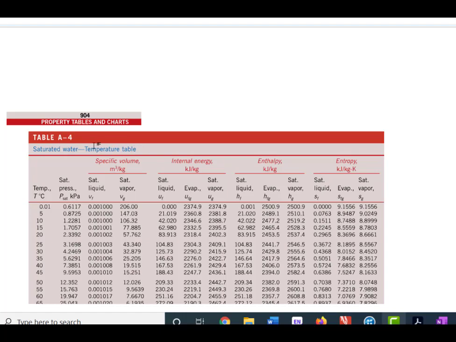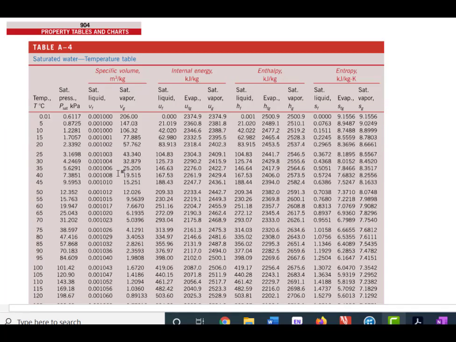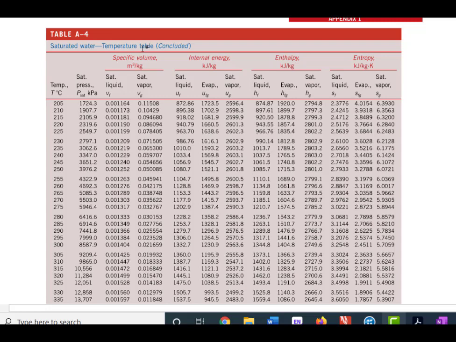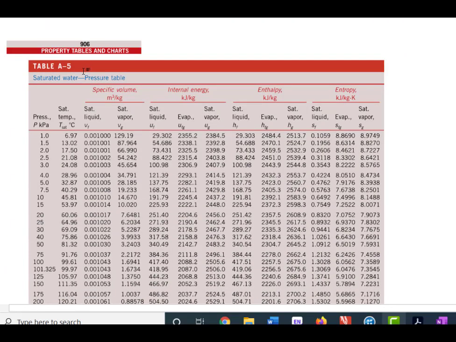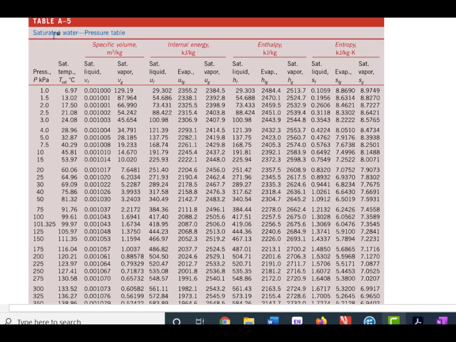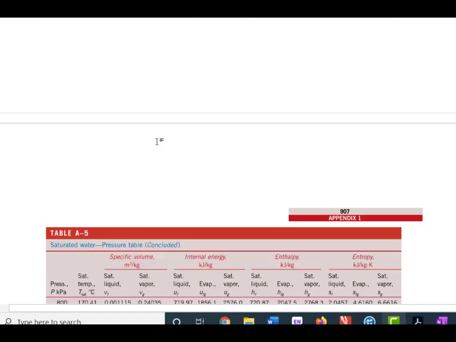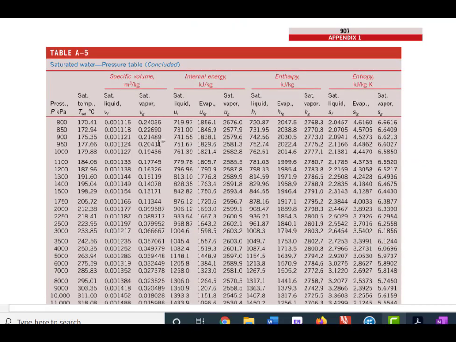If you notice here, we have different tables. Table A4, again another table which is also table A4 but it is different, and Table A5. As you can see here, all of them are for water. But if you remember from the thermodynamics subject, we have different phases for a substance, so we need to know characteristics for a substance according to its phase.